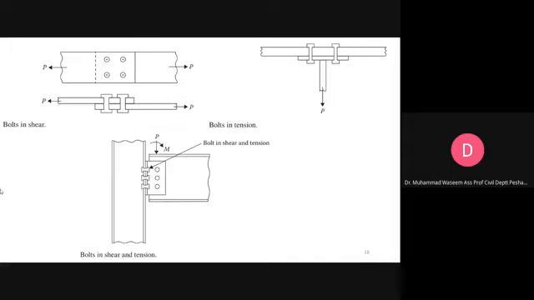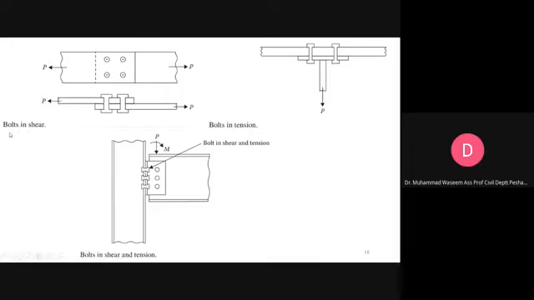Now, when we talk about steel connections, steel connections are formed by three types of fasteners. We discussed that: rivets, bolts, and welds. Now, in this slide, you will see the different forces which are acting through the connection.